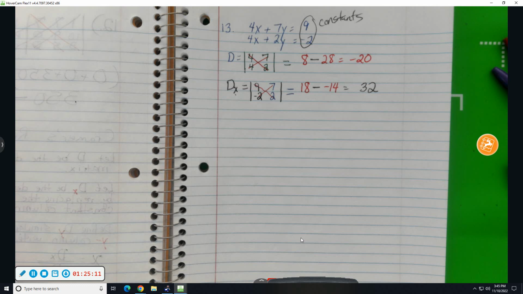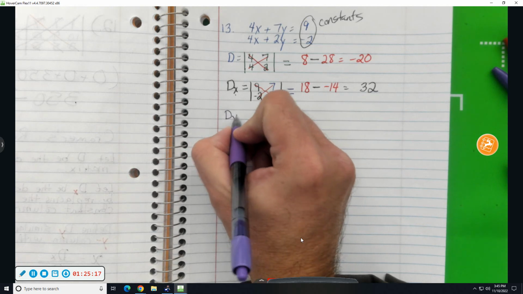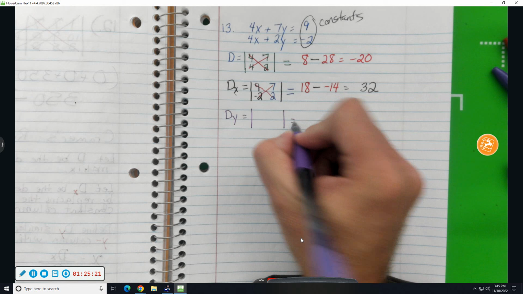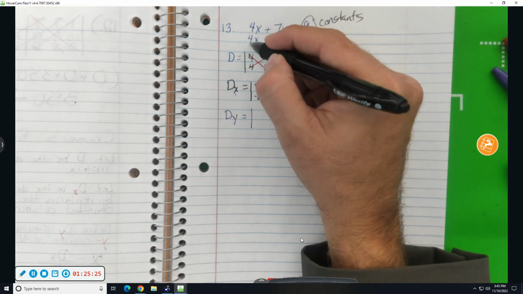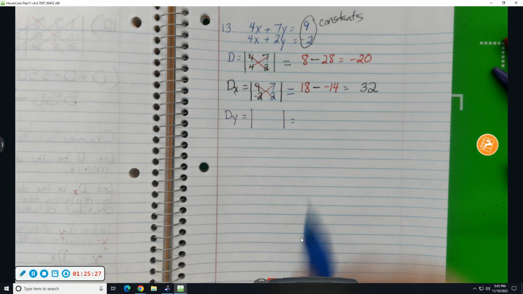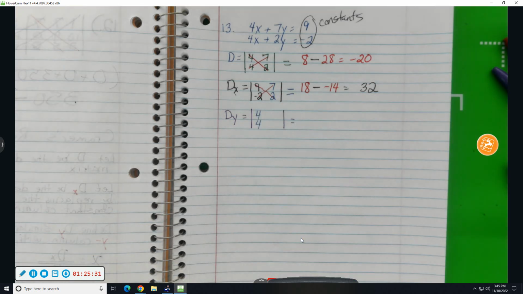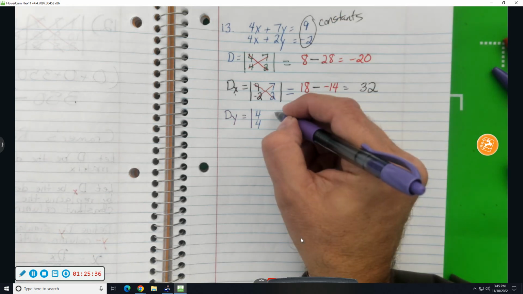And then one more thing, find dy. Whatever the subscript is, that's the column that gets replaced. So the x column stays 4, 4. And the y column is 9, negative 2.